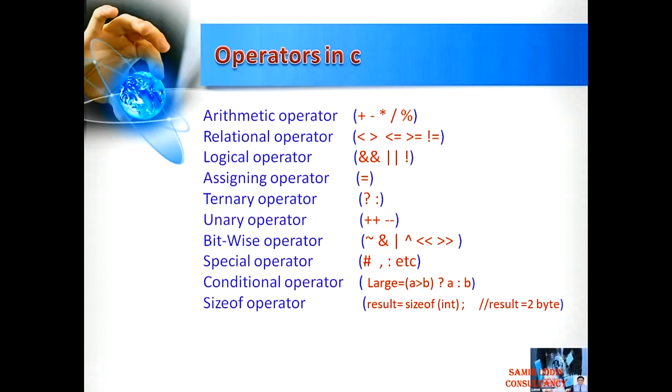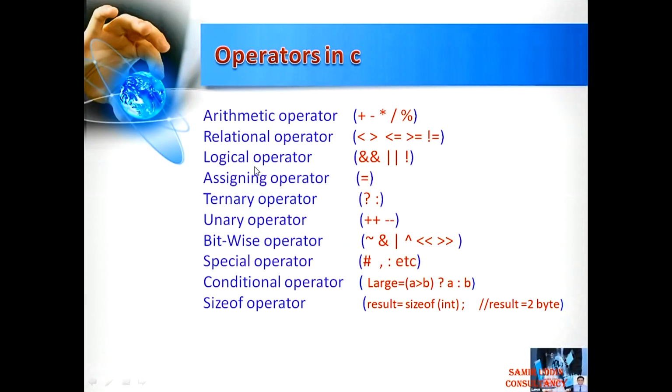Arithmetic operators are used to perform addition, subtraction, multiplication, division and modulus operations. Next is relational operators, used to compare two values: greater than, less than, equal to, greater than or equal to, or not equal to.